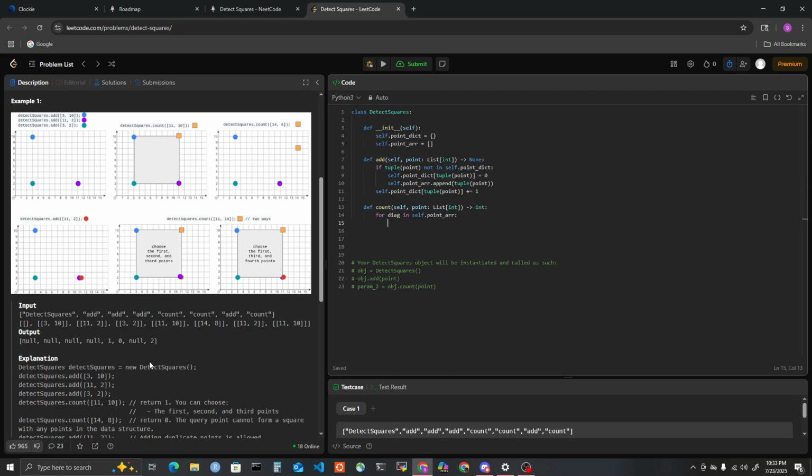So we'll say point A equals the absolute value of point 0 minus diagonal 0.